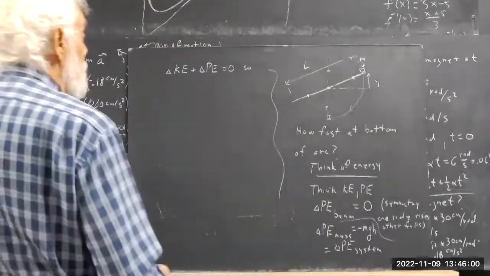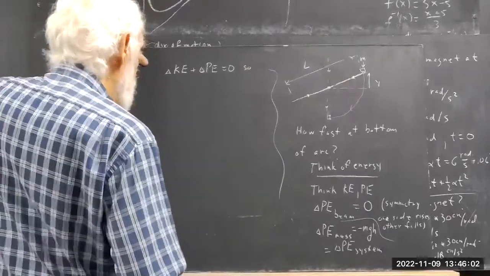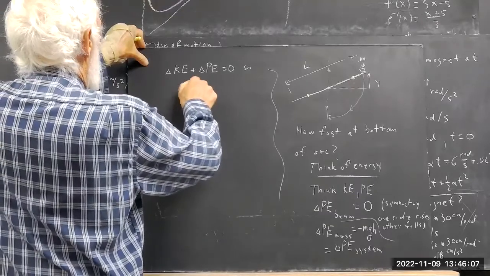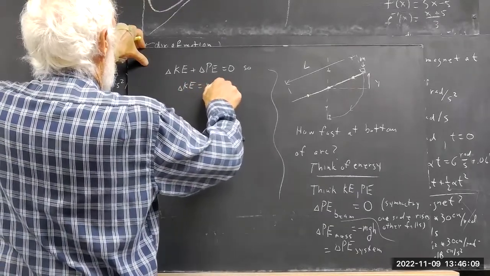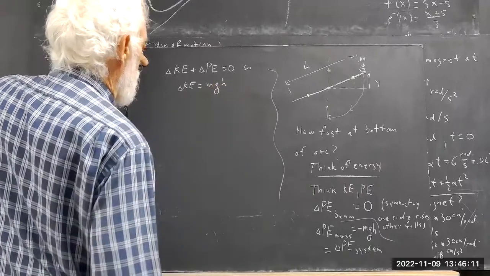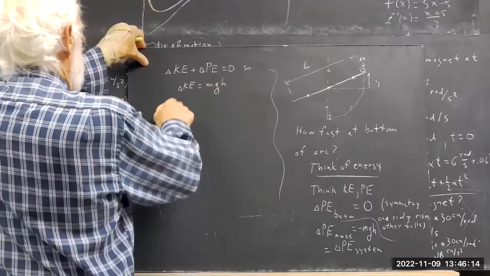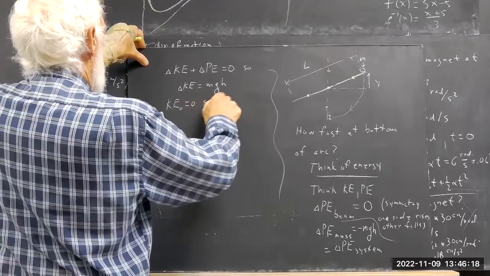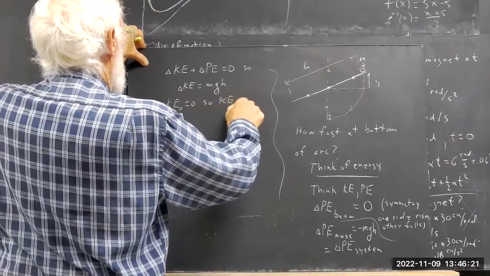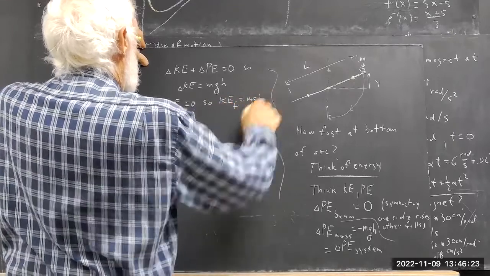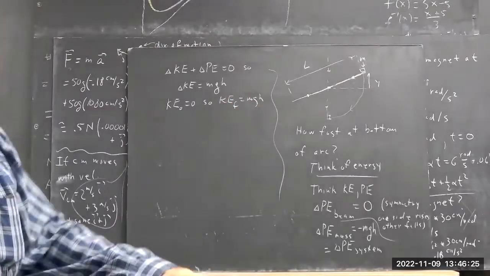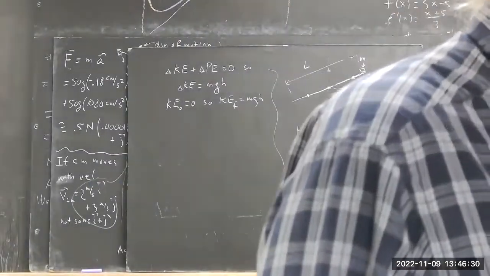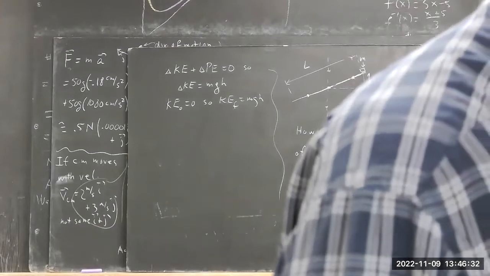So delta PE plus delta K equals 0, so that delta K equals mgh. The final kinetic energy is mgh. You know what's the moment of inertia of this system?